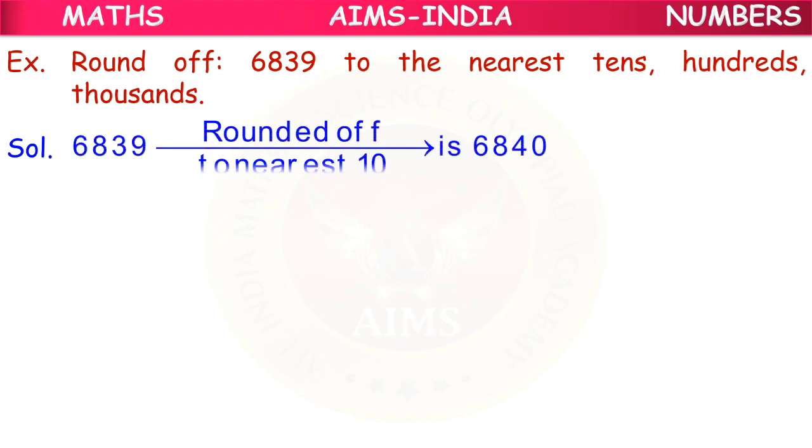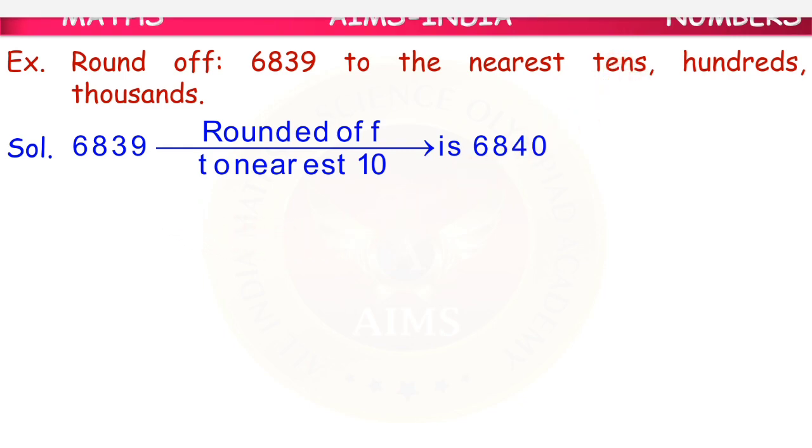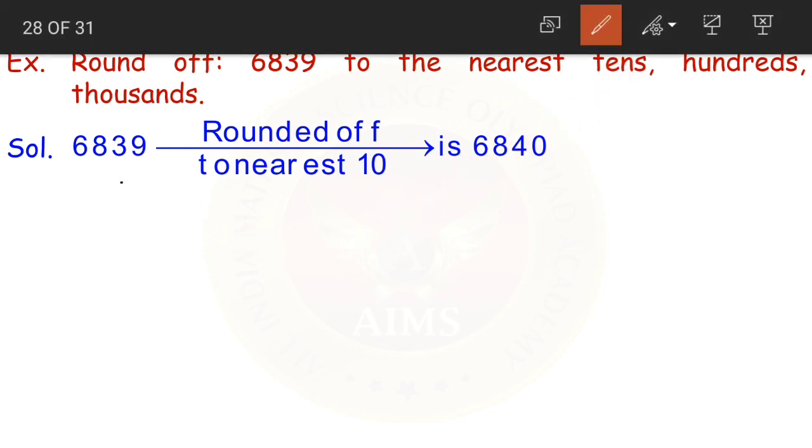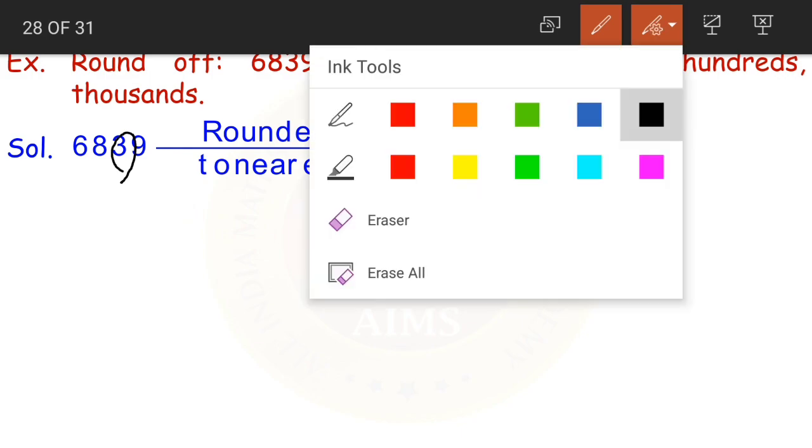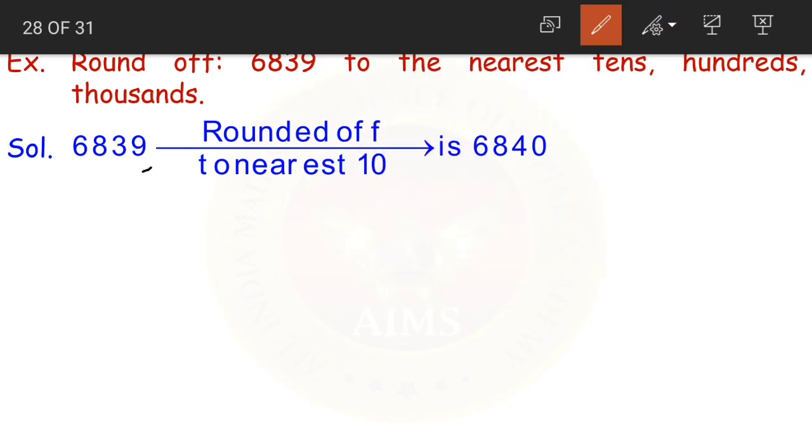Now in this question we are taking a single number and rounding it off to the nearest tens, hundreds and thousands, all the three. What is the number? The number is 6,839. Firstly, let us round off to the nearest tens. What is the rule? Check the number in ones place.